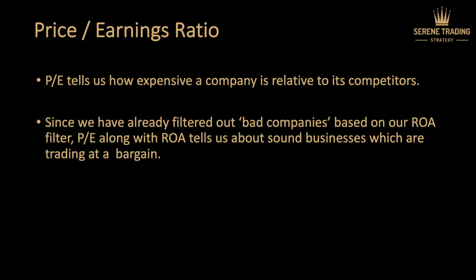But if the reason for the company to be cheap is that it is not a good company or the business is declining right now, then you don't want to invest in those kind of companies. That is why this needs to be clubbed with ROA, because if the company is on a decline, that means they're losing their market share, they're losing sales, then with that the ROA cannot stay high, right? So ROA has to be high, and along with that the P/E has to be low.